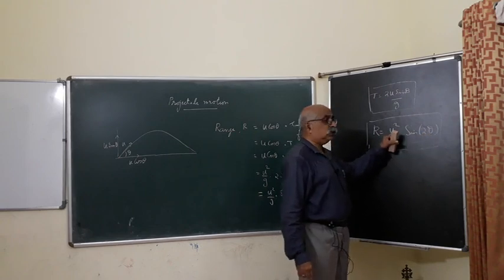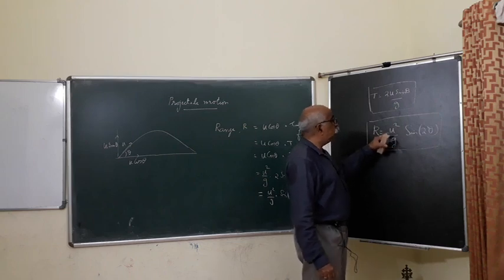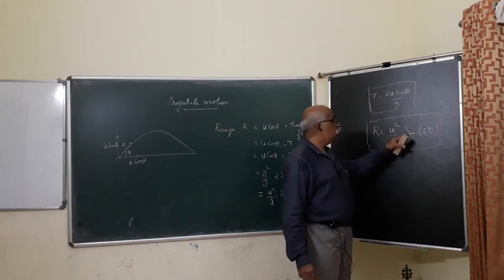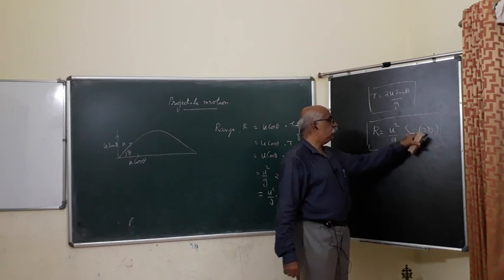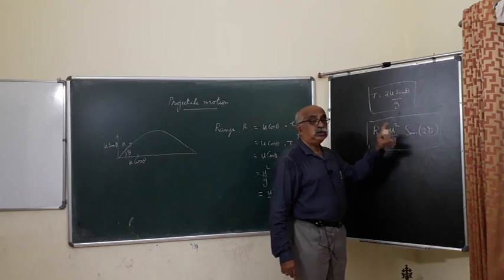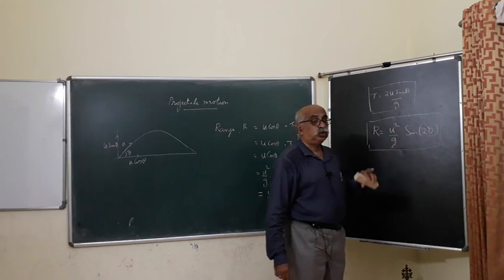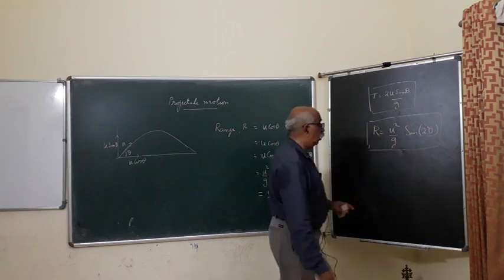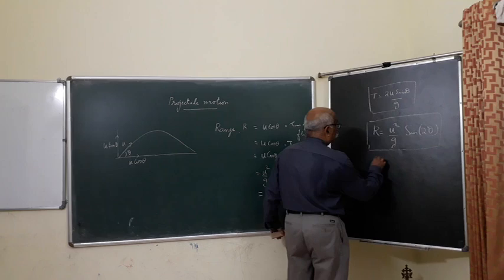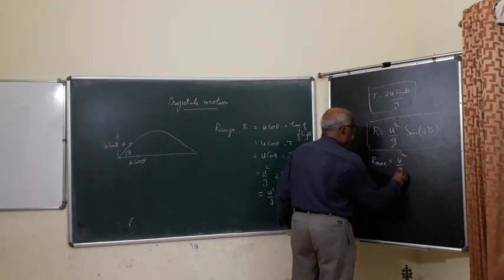If u is kept constant, g is already known to be a constant in this problem. As theta varies, sin 2 theta varies. The maximum value of the sin function is 1. That corresponds to 2 theta equal to 90 degrees. Then the maximum range, R max, is equal to u square by g multiplied by 1.